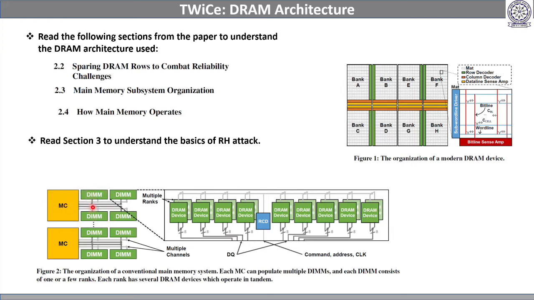This may be a situation, but the memory controller must maintain counters for all four possible DIMMs. So this is the area overhead if we maintain counters in the memory controller. But if we maintain the counters in the RCD, these counters are maintained internally inside the DIMM. So if we insert a DIMM in the slot, that is fine. If we are not inserting any DIMM in the slot, then we need not spend any cost for these counters. That's why storing counters in the RCD is better than storing counters in the memory controller.